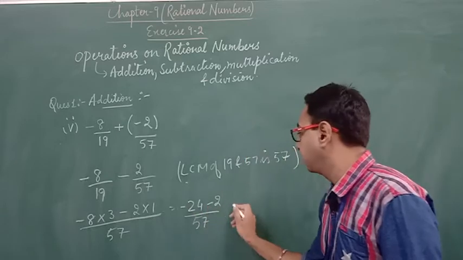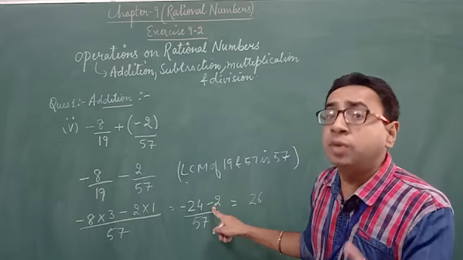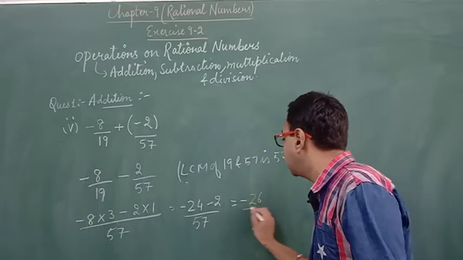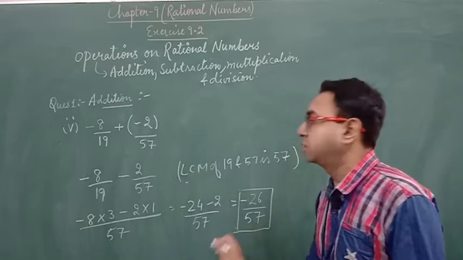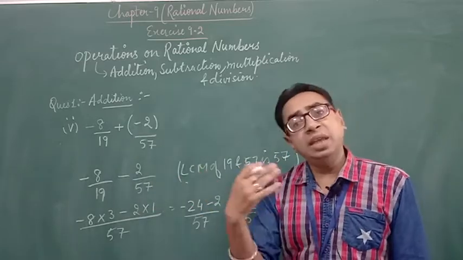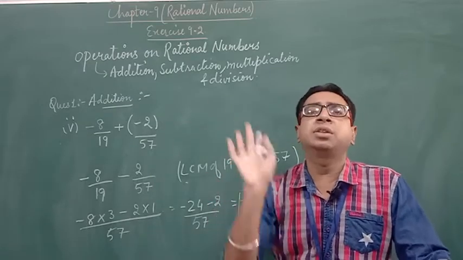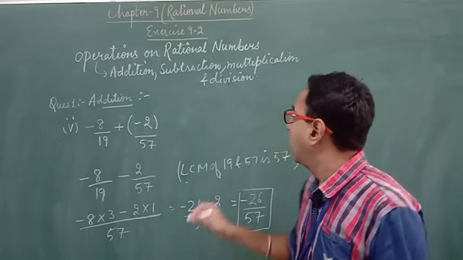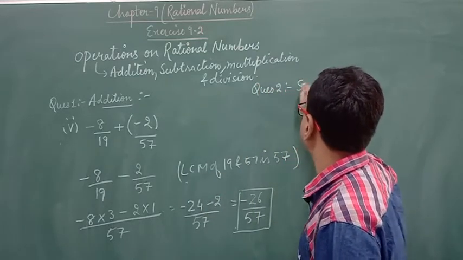Minus minus plus, but since minus is with both, it will be taken common, hence it will be minus 26 upon 57, which is your answer in this case. Are we clear? So this is how we will do the addition part, by making the denominator the same. Are we clear? I'll take one more question, question number 2 of subtraction.